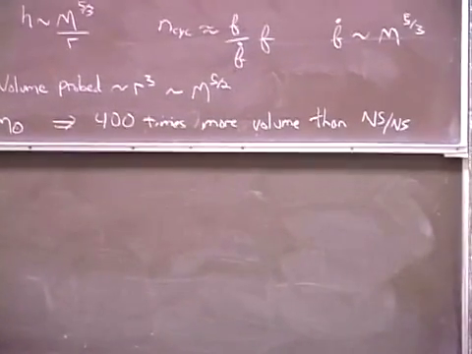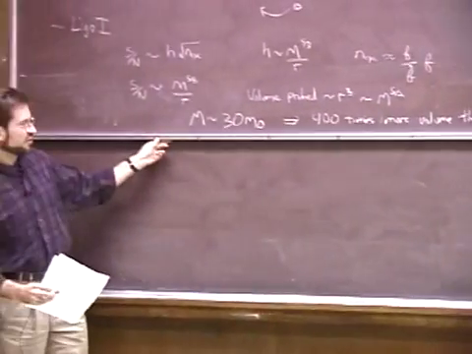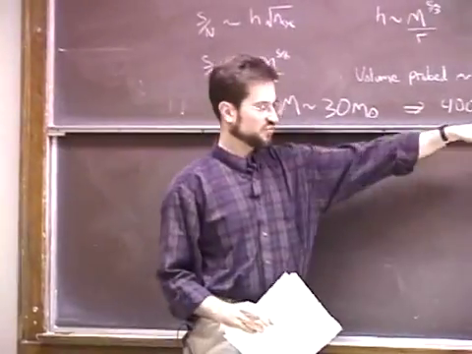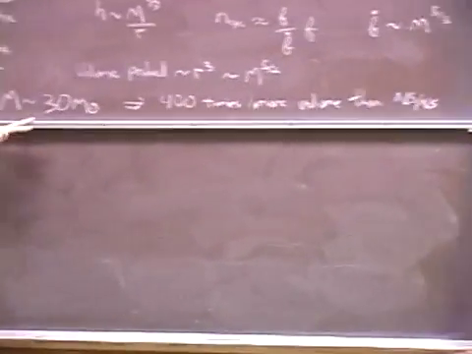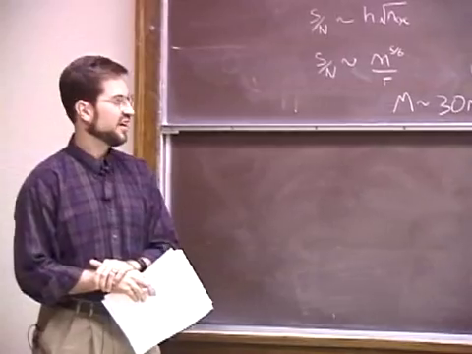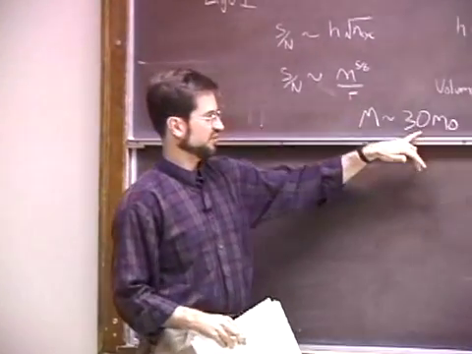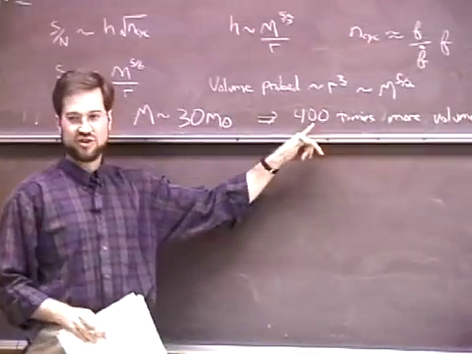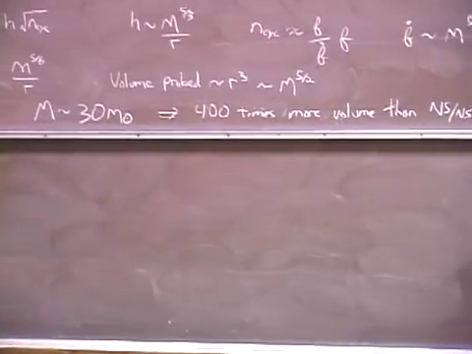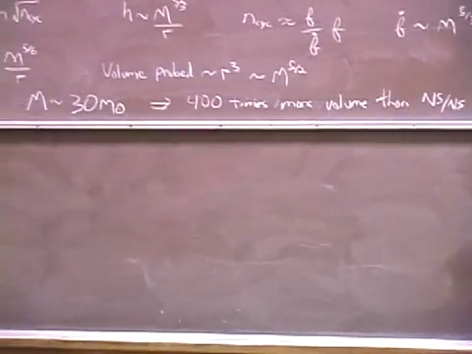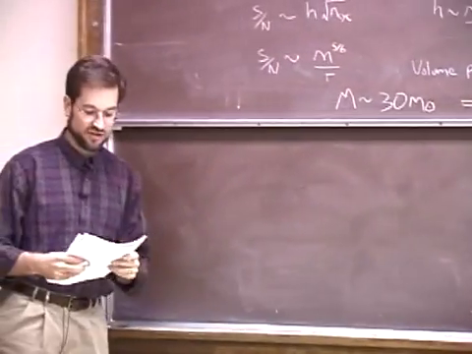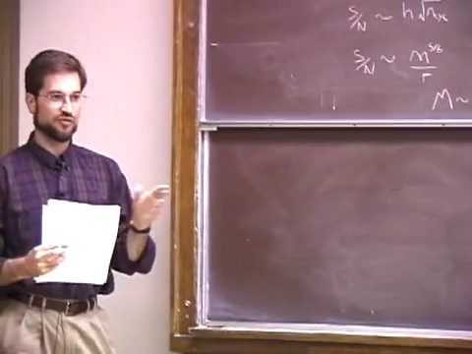So what this means is that even though we know that there are probably more neutron stars out there than 15 solar mass black holes, if you do have some of these, you're going to be able to see them much farther away. And for this reason, it's thought that for LIGO 1, this might actually be the first thing that's seen.